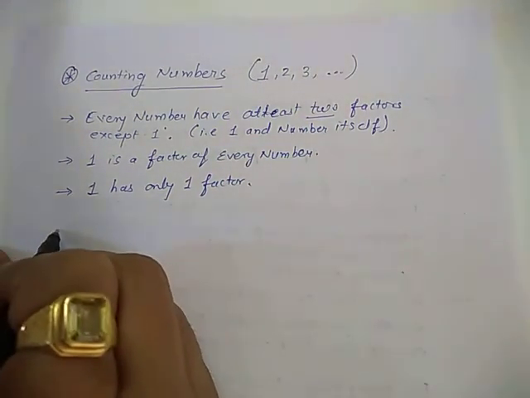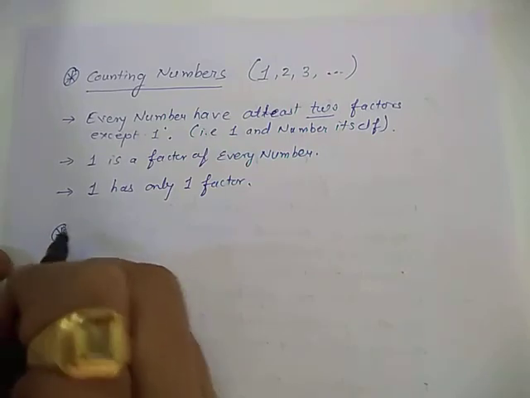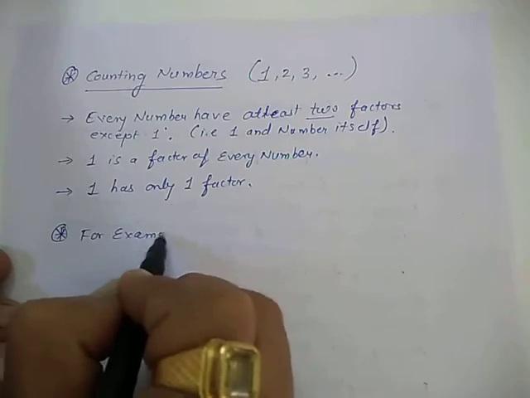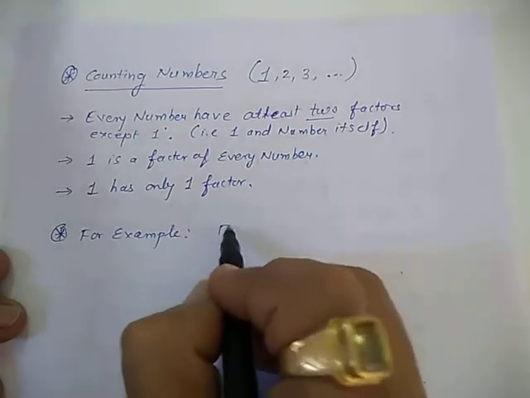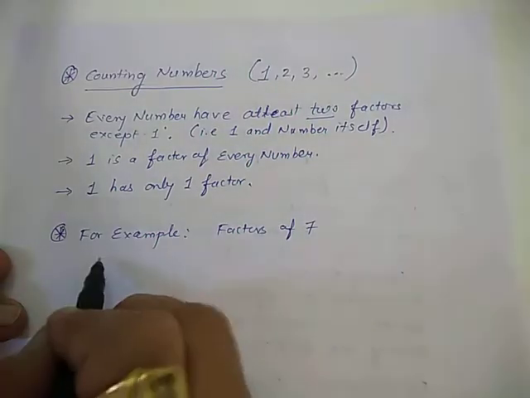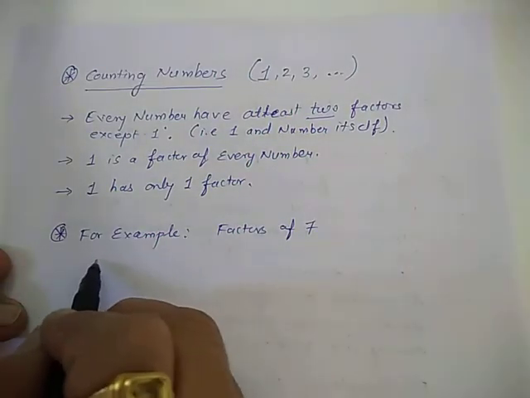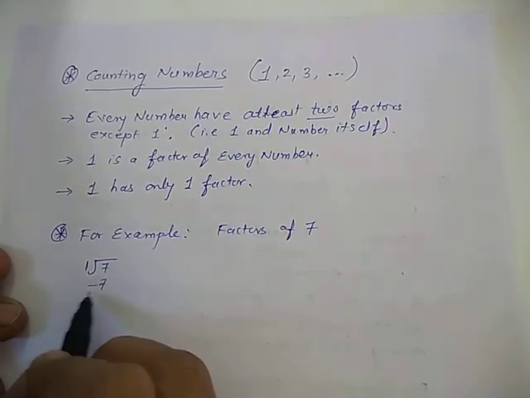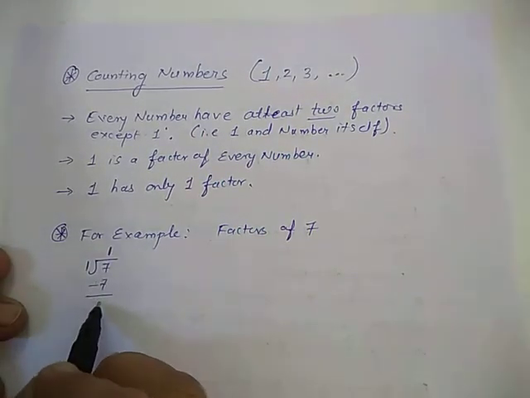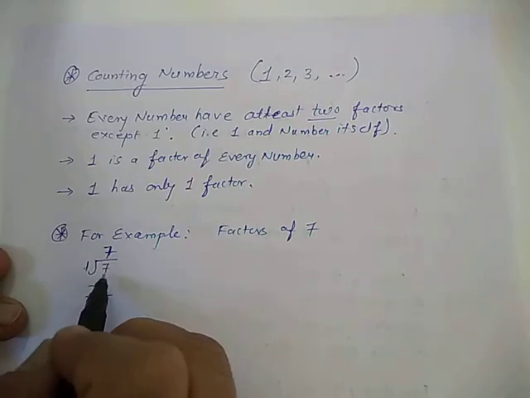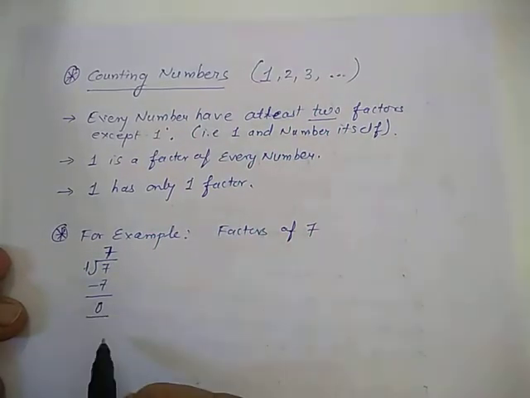Now some numbers you will find with an example. For example, the factors of 7. If I divide by 7, starting from 1: 1 seven is 7 and the remainder is 0.